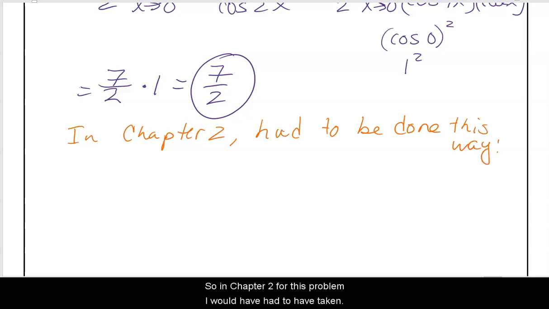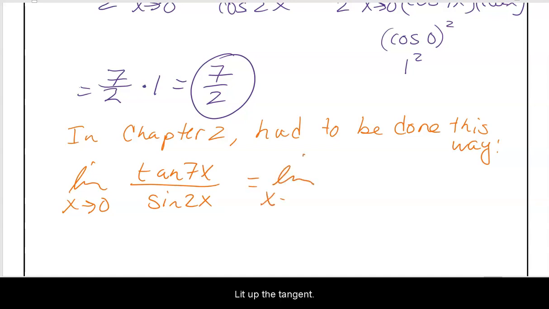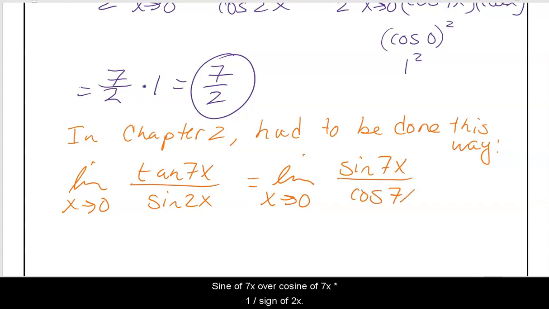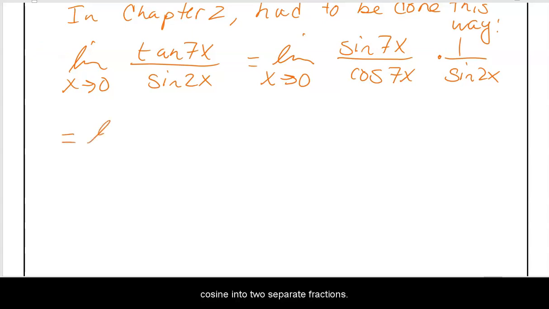So in chapter 2, for this problem, I would have had to take the original problem, tangent of 7x over sine of 2x, and split up the tangent as sine of 7x over cosine of 7x times 1 over sine of 2x. Then I would have had to split apart the sine and cosine into separate fractions.